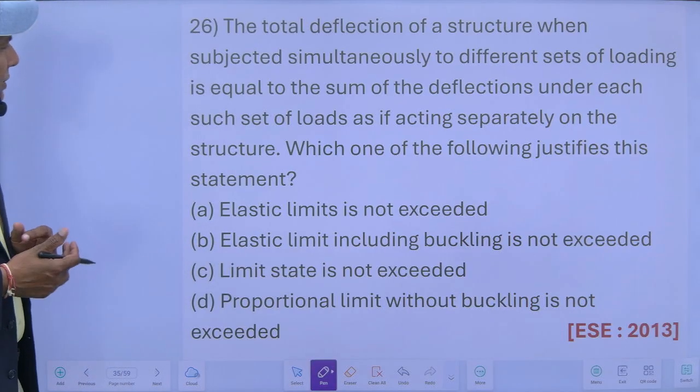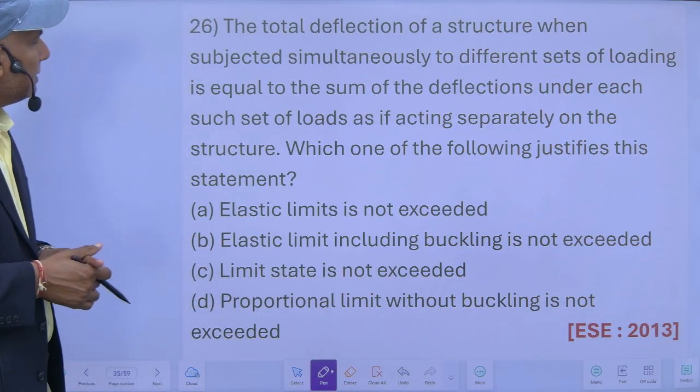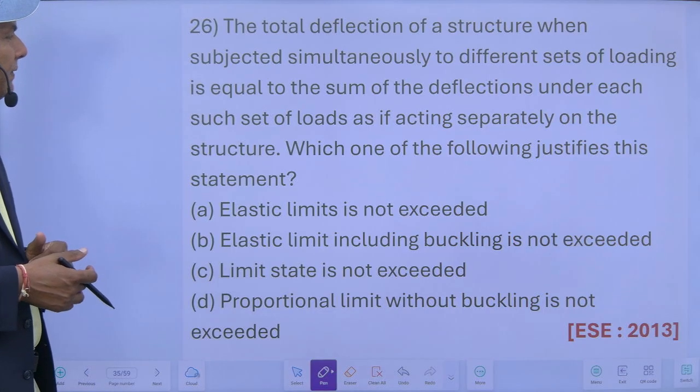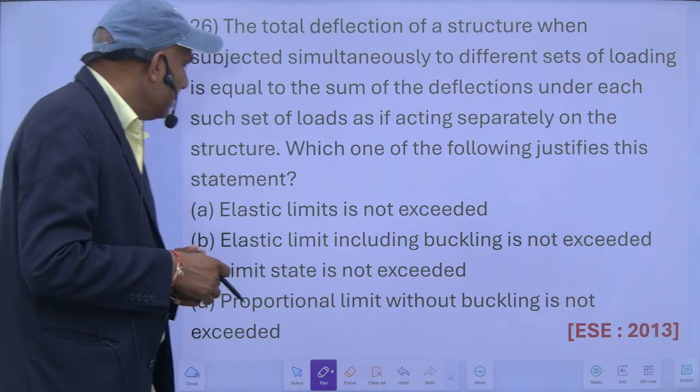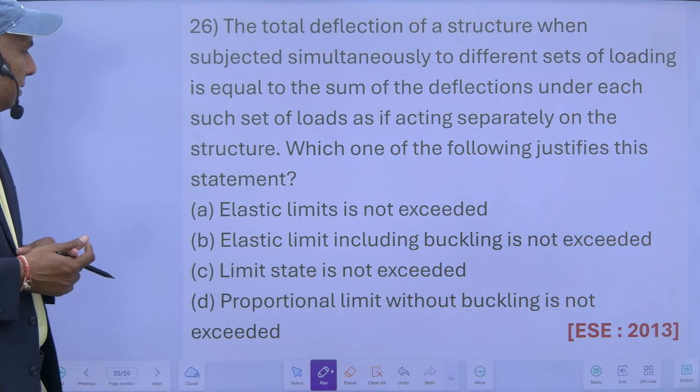Total deflection of a structure when subjected simultaneously to different sets of loading is equal to the sum of the deflection under each such set of load as if it were acting separately on the structure. Which one of the following justifies this statement?